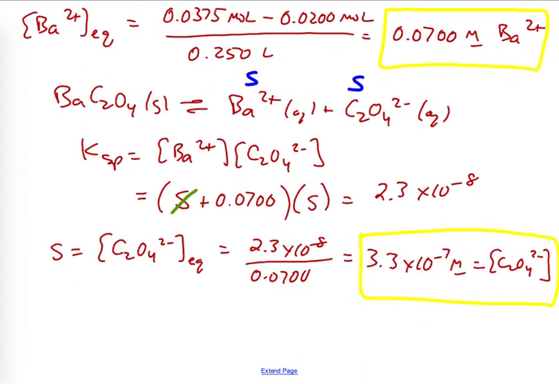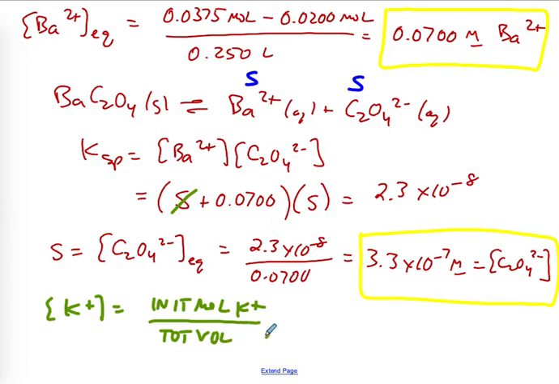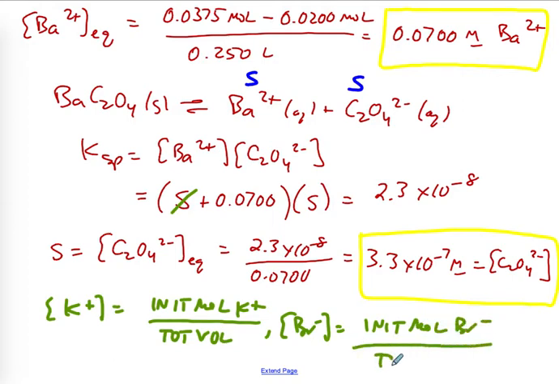So, my equilibrium concentration of potassium is simply my initial moles of potassium divided by the total volume, and my equilibrium concentration of bromide will be my initial moles of bromide divided by the total volume, which is simple stoichiometry. I'm not going to waste your time by going through that. You could easily calculate that yourself.